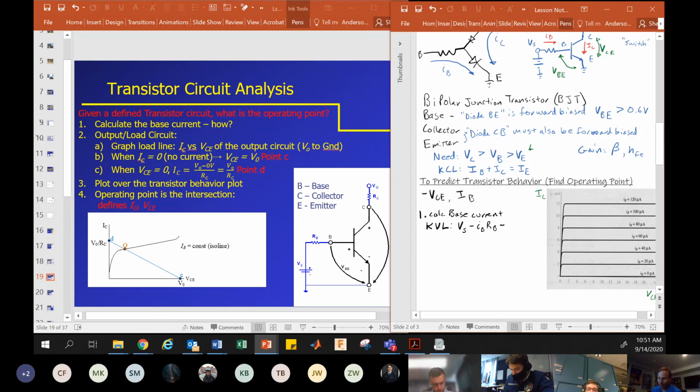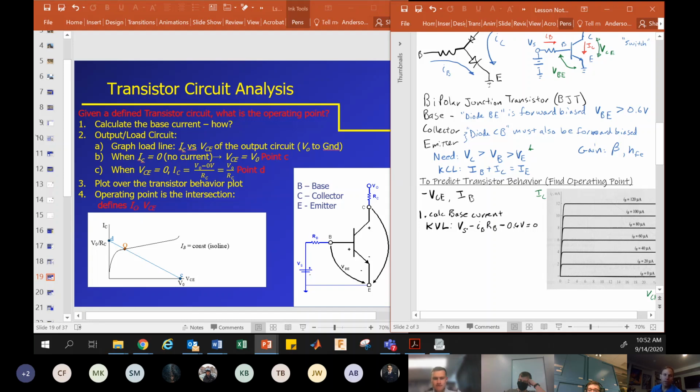Okay, then we get to the transistor. What do we do with that? Well, we're treating it like a diode. What would it be if it was a diode? 0.6. Very good. So we just assume a voltage drop of 0.6 volts, and we set that equal to 0. Now, could we solve for the base current, assuming we knew what the resistor was and we knew what the source voltage was?